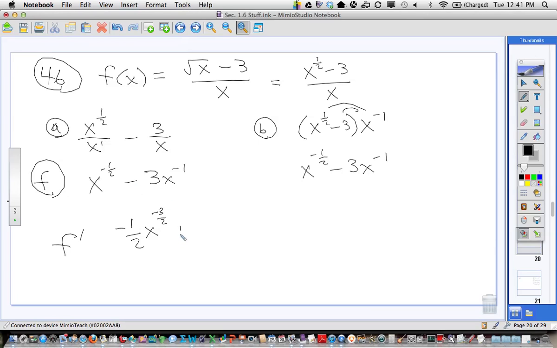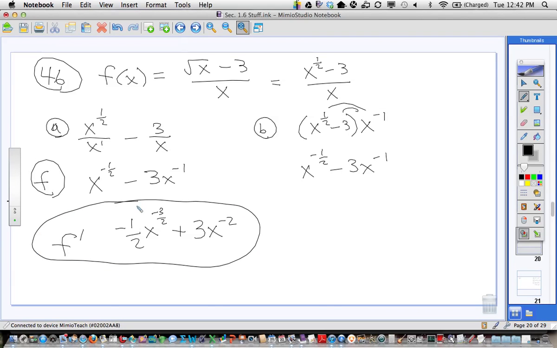Bring the -1 down here, be plus 3x to the -2, like that. Bring the -1 down in front, -3, that makes positive. Subtract 1 from your -1 makes -2. Okay, and there is your derivative.